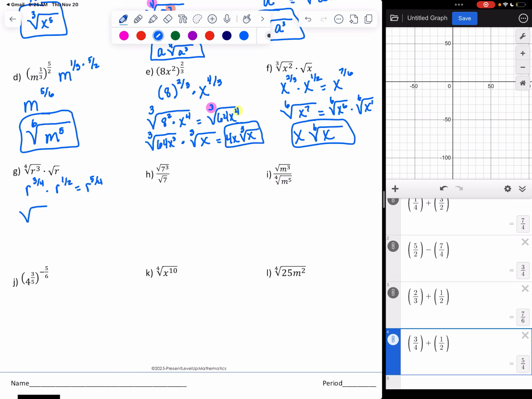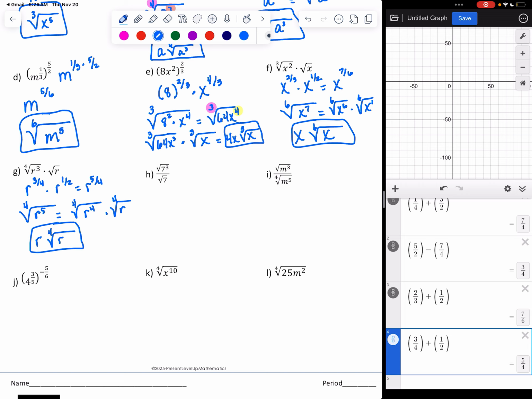To rewrite that as a radical, this would be the 4th root of r to the 5, which I can then simplify as the 4th root of r to the 4 times the 4th root of r. Now the 4th root of r to the 4, divided by 4, is 1, so that's just r times the 4th root of r.